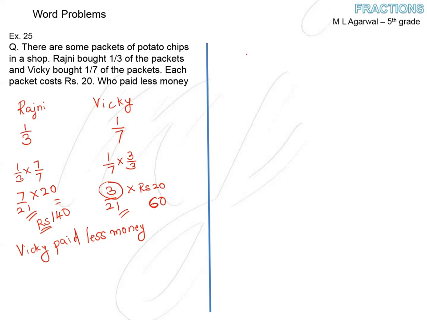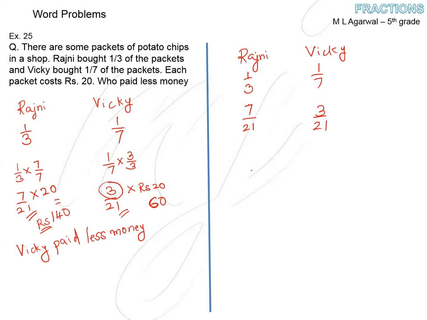So here also I will say that I have Rajni and have Vicky. Okay, so Rajni bought 1/3 of the packets and Vicky bought 1/7. I will convert them into like fractions. So they will become 7/21 and 3/21.